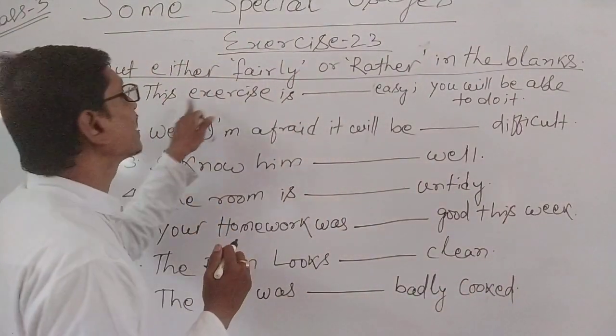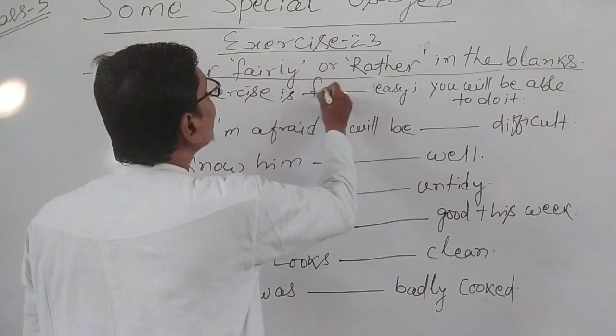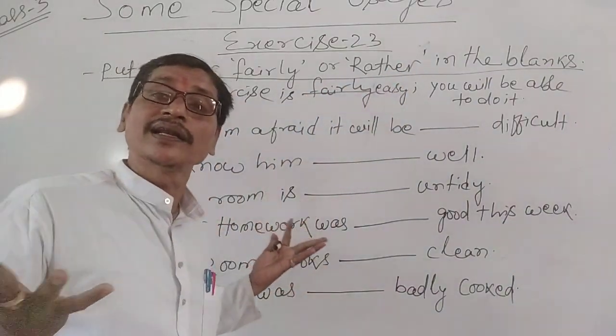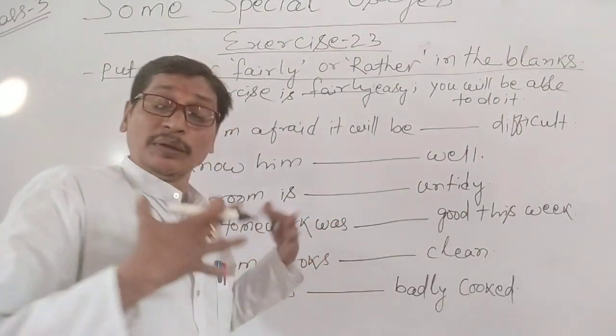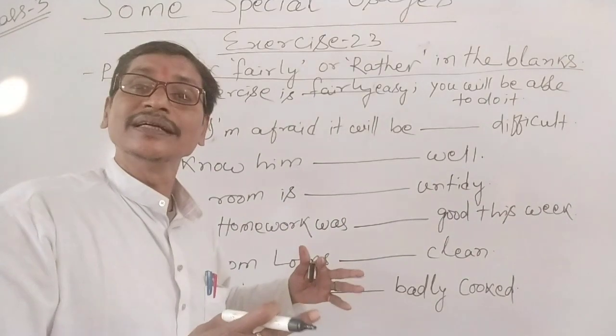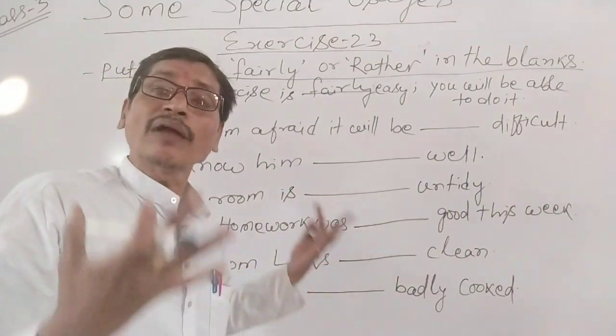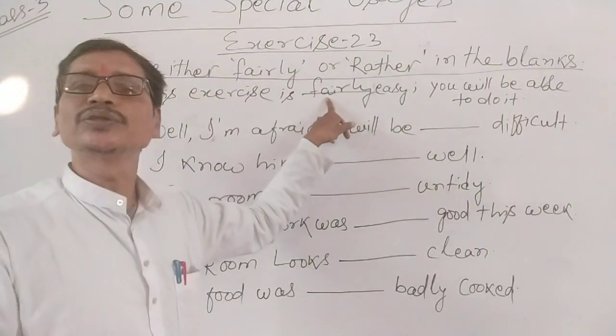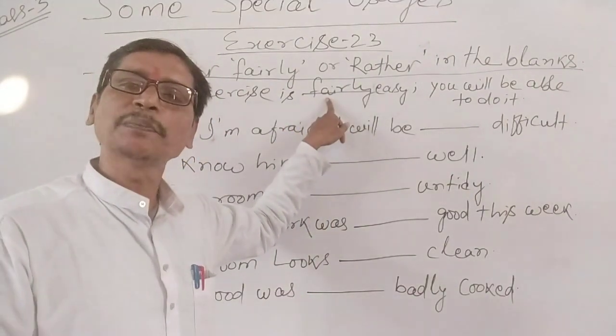We should write, the exercise is fairly easy, and you will be able to do it. It is positive. It is a pleasant thing. It is our expressing approval. Understand? Therefore, we have used fairly over here in this space.